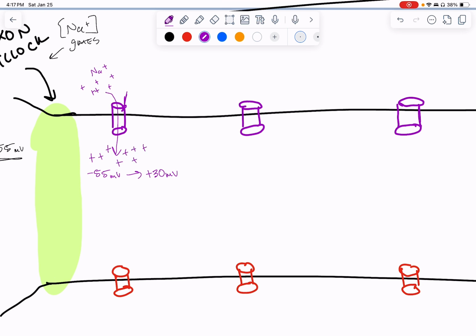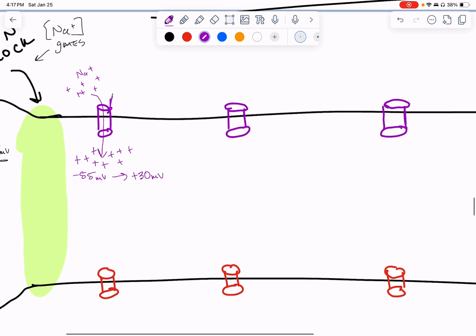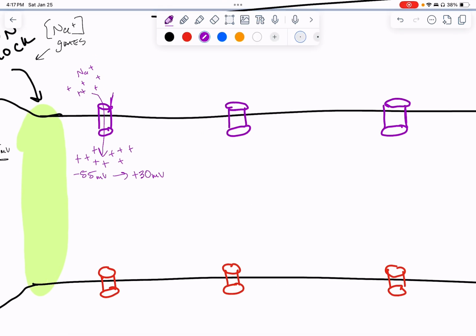And this charge difference, because we remember this part of the cell over here is still negative, and so this changing of charges is going to move. As these positives start changing the electromagnetic gradient of the cell, it's going to continue to open these inactivation gates.